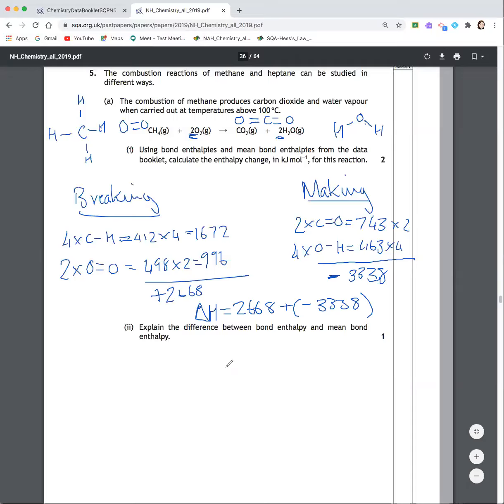So 2668 minus 3338 is negative 670 kilojoules per mole. Remember, the units are usually always given to you in the question, so you can always double check there to see what they are, and if you can't find them, it means you need to come up with them yourself.